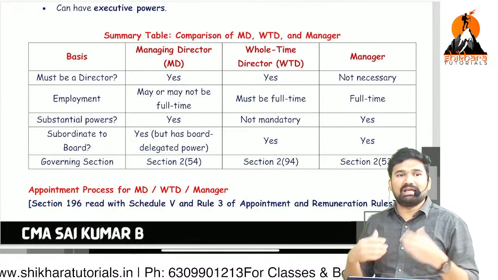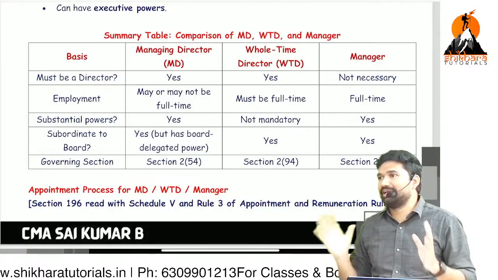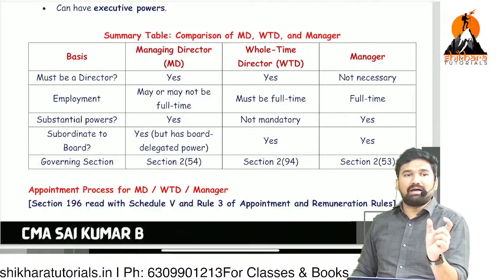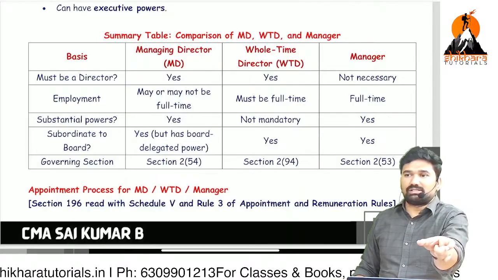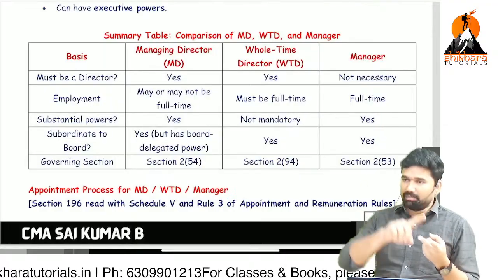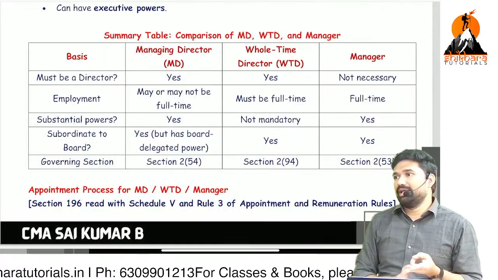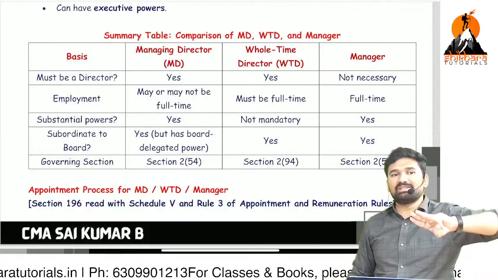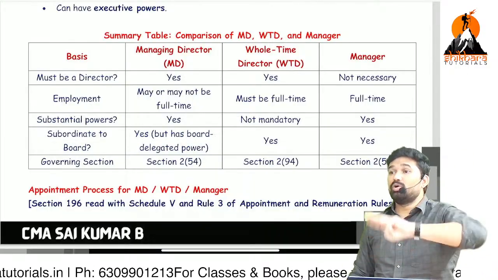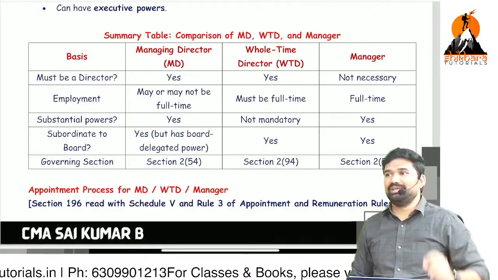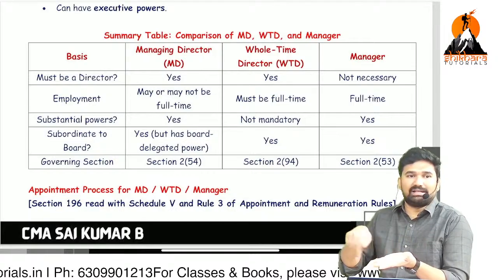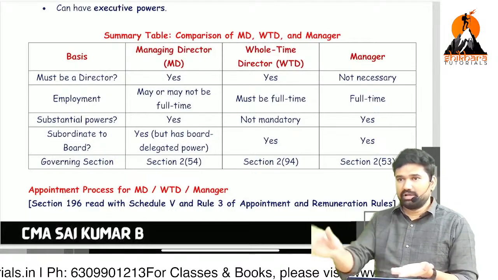Those people are called MD, WTD, manager, like that. Clear? So the BOD always has superior powers or superiority over MD or WTD or manager. So who got more powers than manager or WTD or MD? BOD. Why? Because BOD means all directors, executive and non-executive.